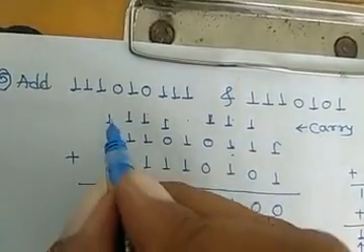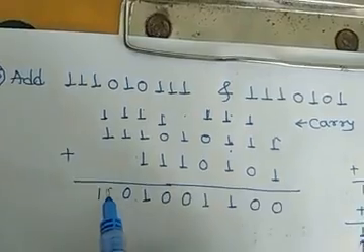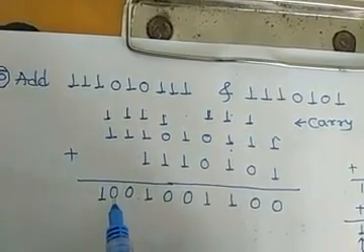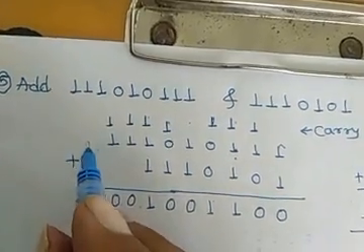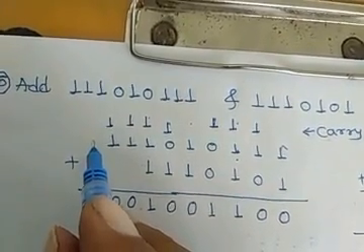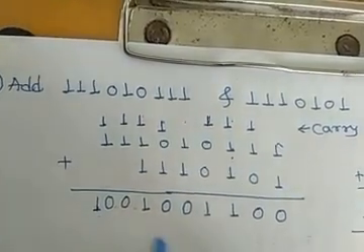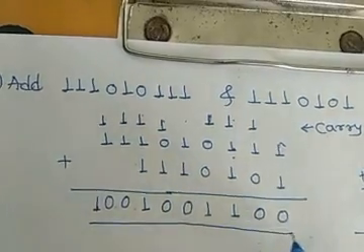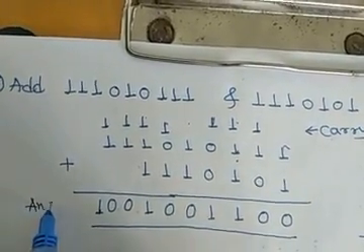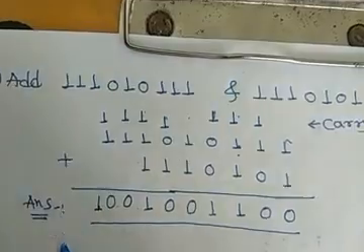Again last 1 plus 1 is 10, we write directly 10, because no bit is present to the left, so we write it directly 10. Okay, which is our answer of given addition of two binary numbers.